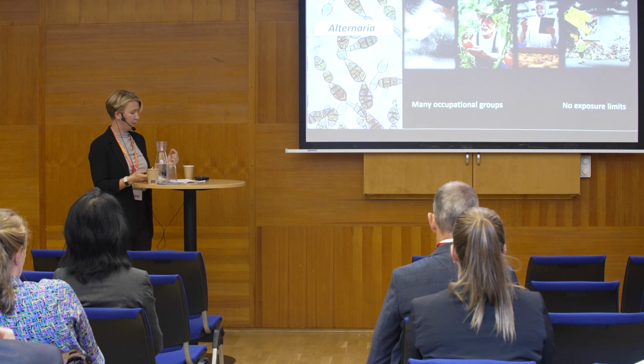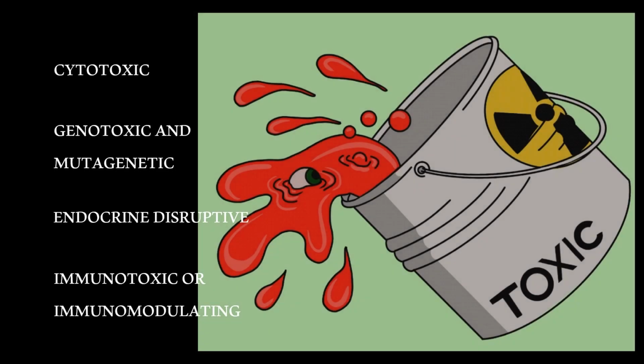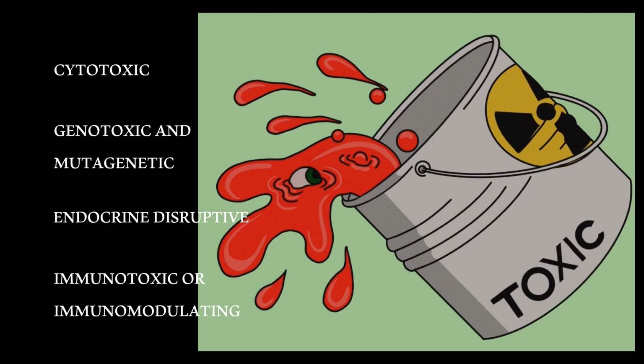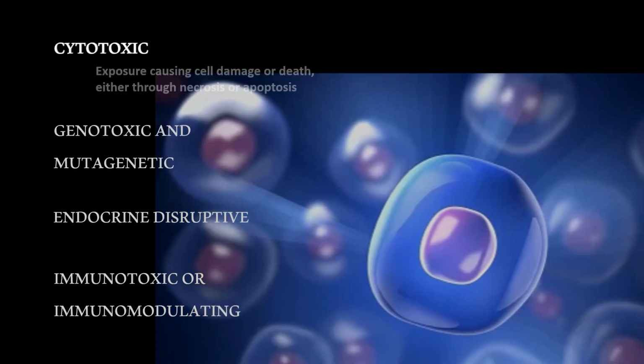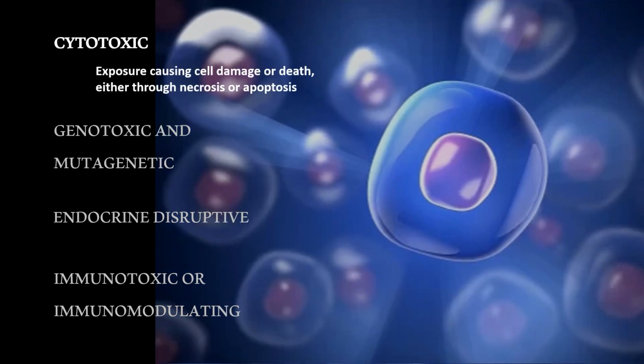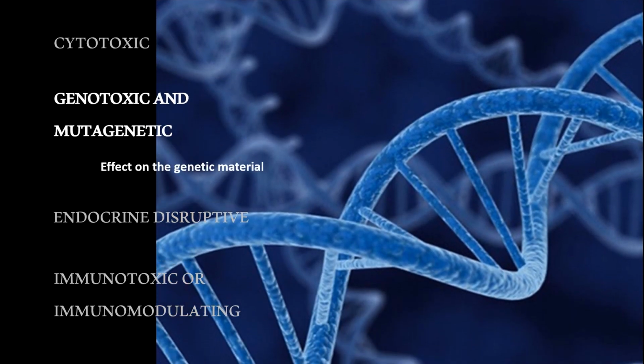But why do we really care? Why are these mycotoxins important? Well, as the name suggests, they are toxic. There's evidence that Alternaria can be cytotoxic, where the exposure leads to cell damage or death. They can be genotoxic or mutagenic, where the effect is on the genetic material, leading to cancer.